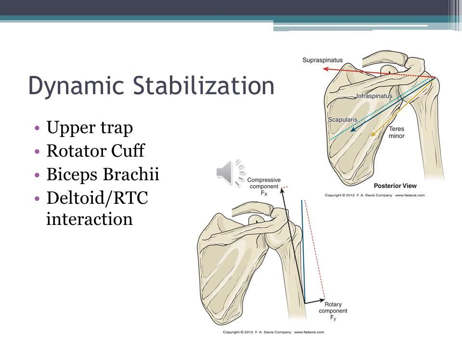the humeral head translation is actually prevented by the rotator cuff. So the rotator cuff muscles act when abducting or elevating the shoulder to keep the humeral head depressed a little bit more so that you don't get those compressive forces.